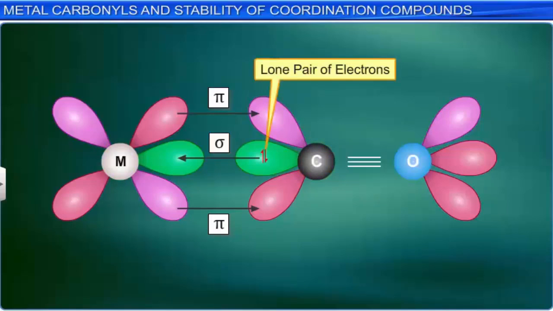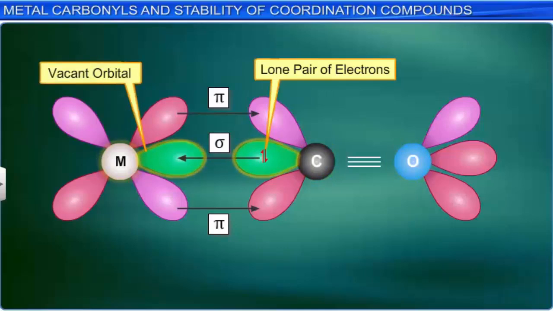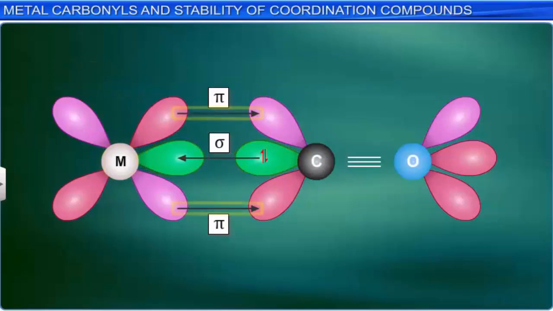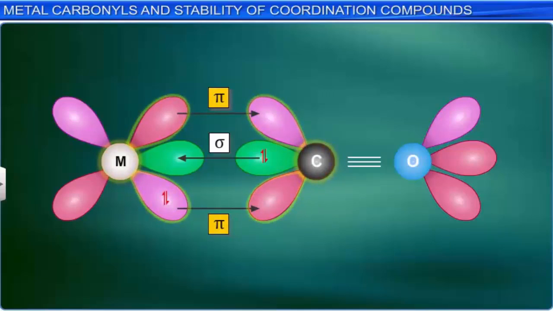This bond is a metal-to-carbon pi bond formed by the sideways overlap of a full dxy orbital of the metal with the empty antibonding pi star 2py orbital of the carbon of the CO molecule. This bonding creates a synergic effect that strengthens the bond between the CO molecule and the metal. The total bonding is thus M=C=O.